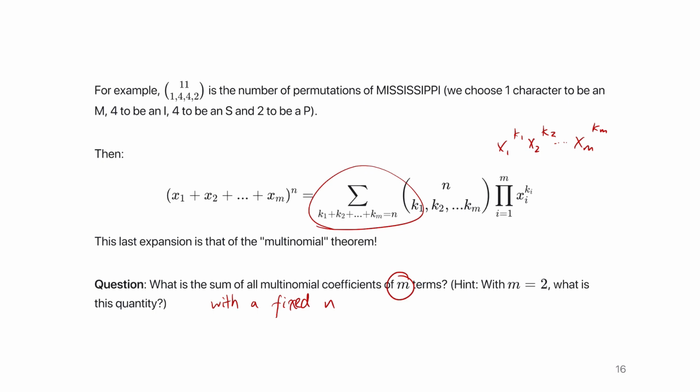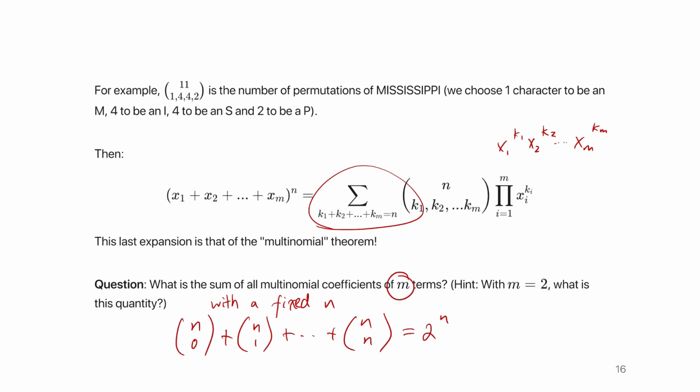All the terms of the form n choose something. We did it a couple slides ago. What is this expression equal to? Yeah, 2 to the n.